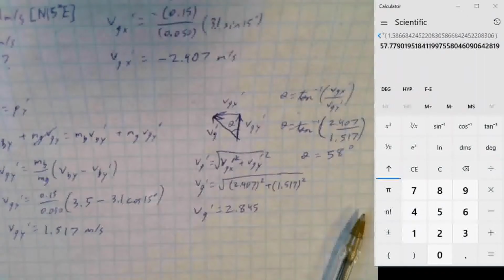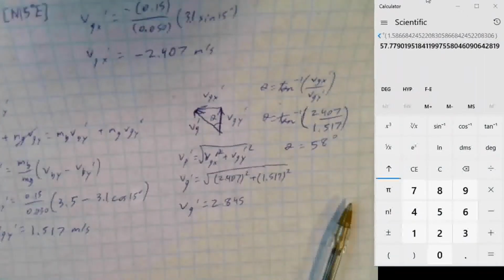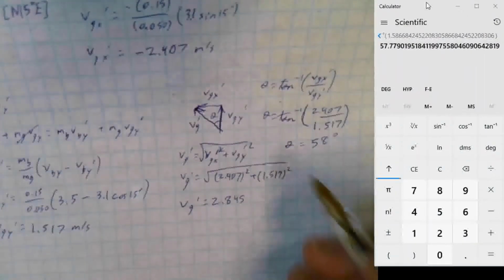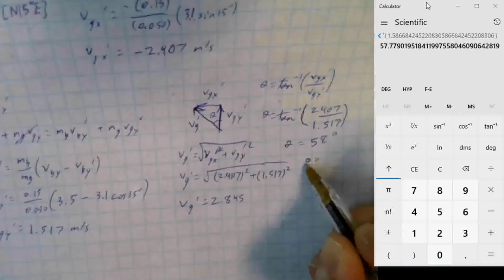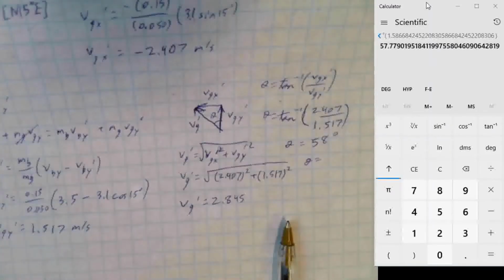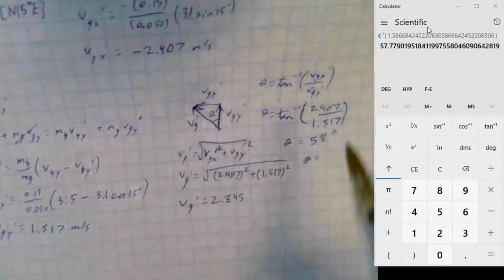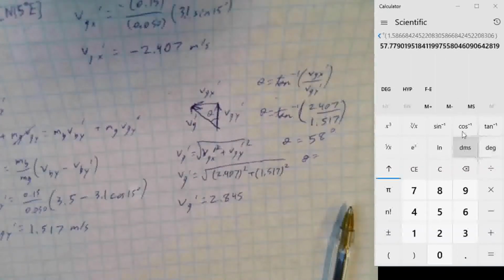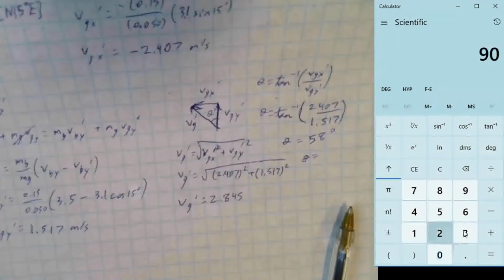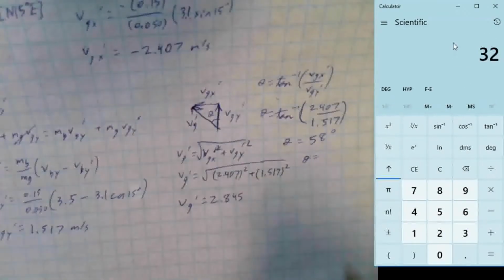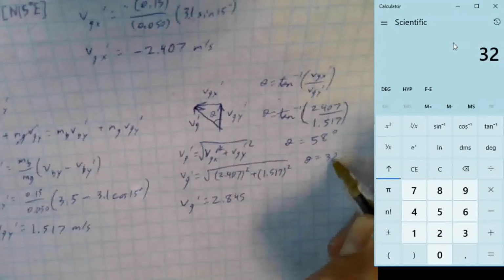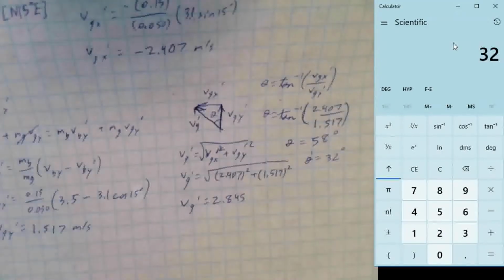And as I was saying, I like to always put these as values that are less than 45 degrees. So what I should have done, I think I mentioned this previously, is you should always put the lower value on top to find out what that angle would be. But what I can easily do now is just do 90 minus 58 to find out what my other angle would be. It would be 32 degrees. That's my complementary angle.